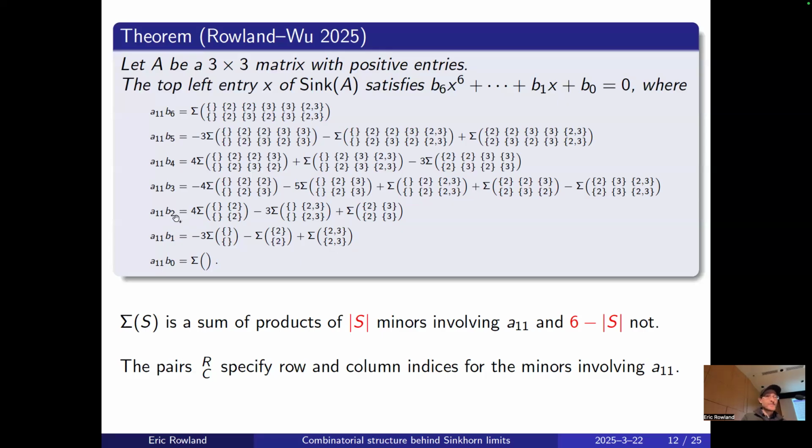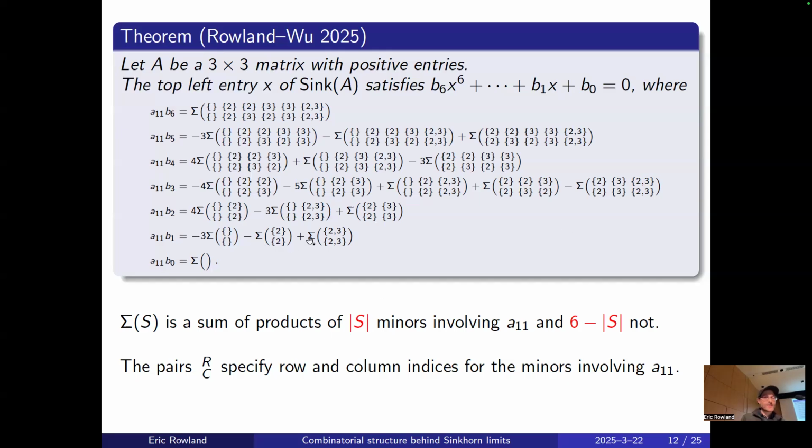But then for B2, we take 2 minors and put them together in different ways. So each of these sigma of S's, where you can think of S as a set of these minor specifications, sigma of S is going to be a product of the size of S minors that do involve A11 and 6 minus that number that don't.